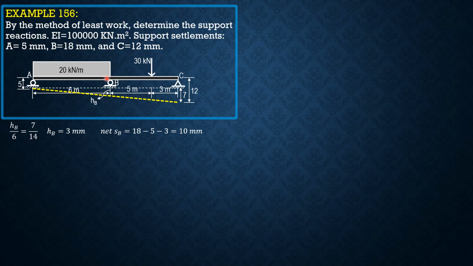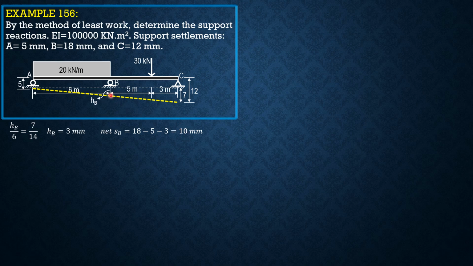That means support B is below this dashed yellow line, and therefore the net settlement is 10 mm for B. As I said, if the settlement at B is 8 mm, then the settlements cannot affect the results, and we analyze it as if there are no settlements. Because at B the settlement is 18 mm, the net settlement is 10 mm.